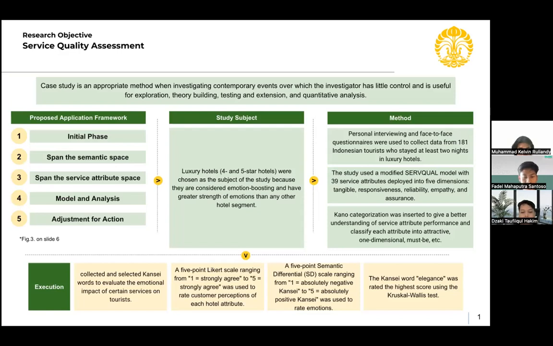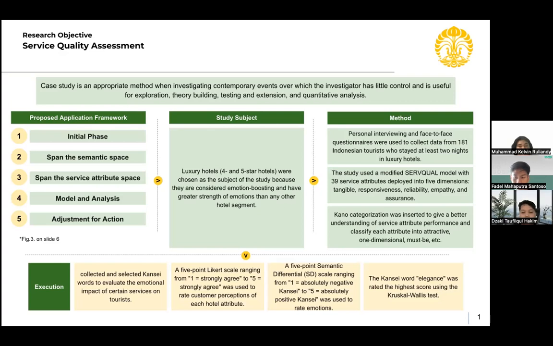The study subject is the luxury hotel, chosen as the study object because luxury hotels are considered emotion boosting and have a greater strength of emotions. The method is a face-to-face personal interview using a questionnaire, collecting data from 181 Indonesian tourists.